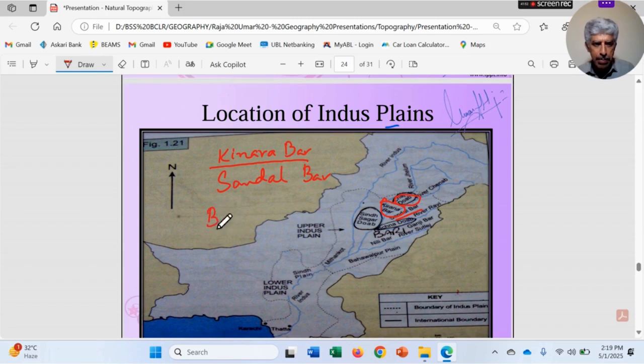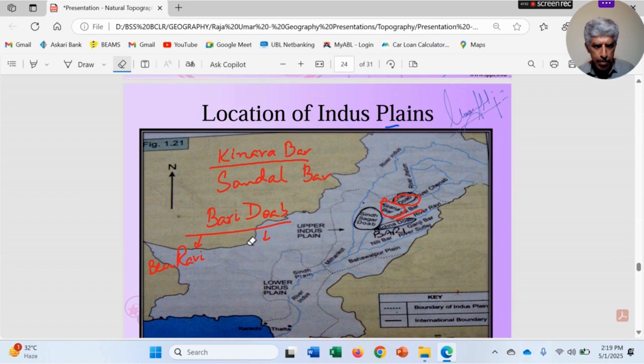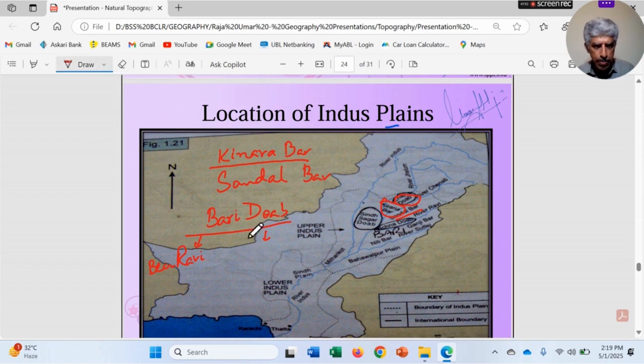For Bari Doab, there are two bars. One is between Beas and Ravi, and the other one is between Ravi and Sutlej in the Pakistani region.